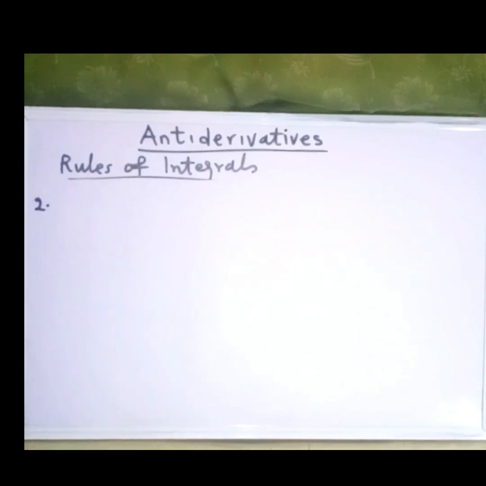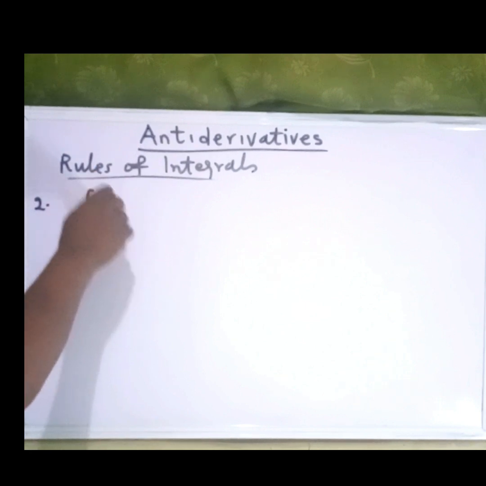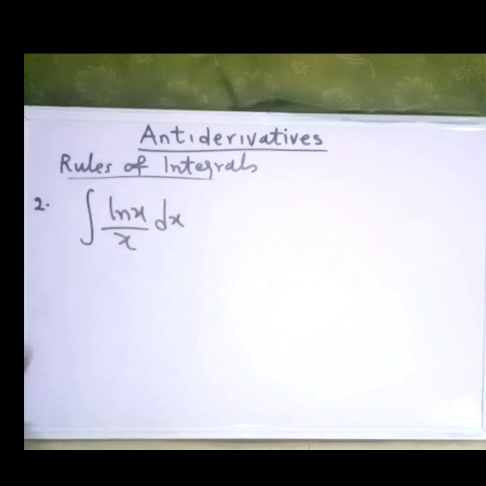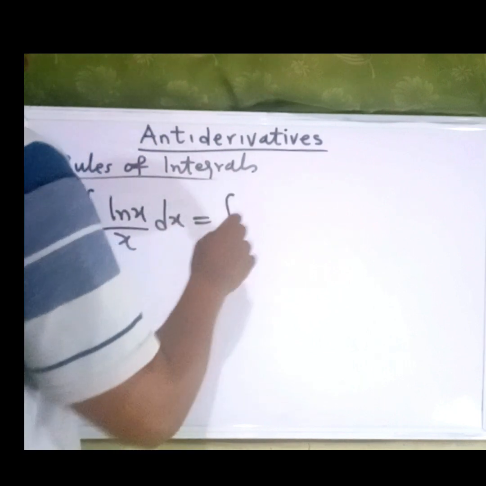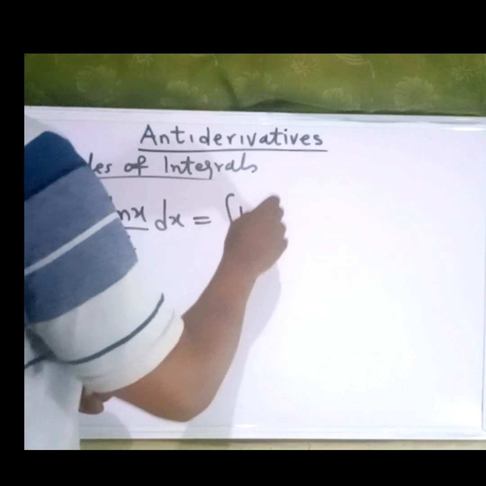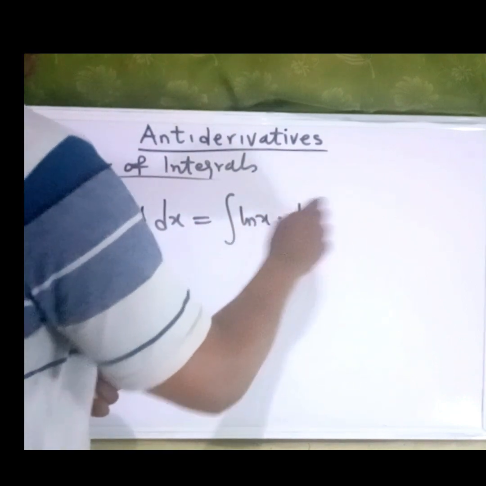Okay, so let's see another example regarding this. Example 2, under the integration by substitution: if you integrate ln x over x dx, we can view this question as ln x multiplied by 1 over x dx.